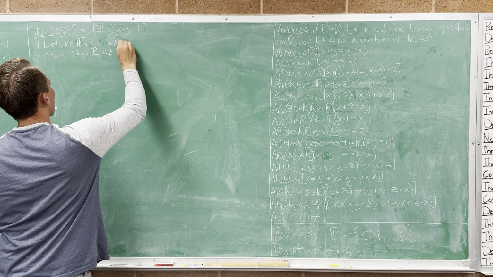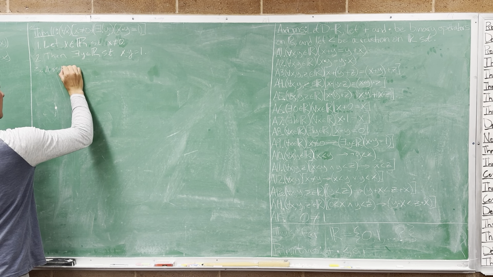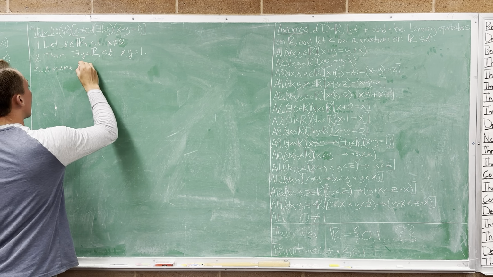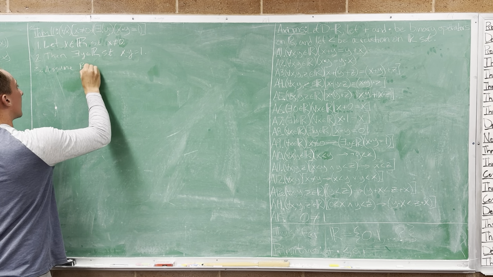Okay, so now I make my assumption. So we know that there is some y in R such that x times y equals 1. We're guaranteed that from axiom 9 over here.